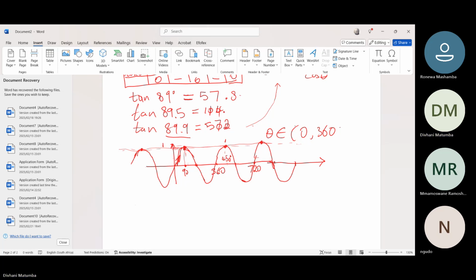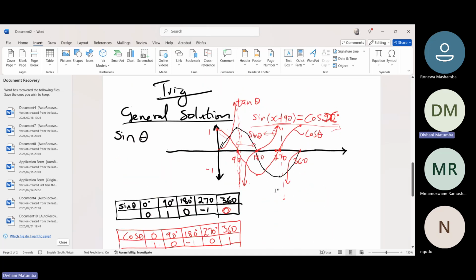However, also if you type the sine of 450, you will also get 1. The same way, if you type the sine of that value, you will get 1.